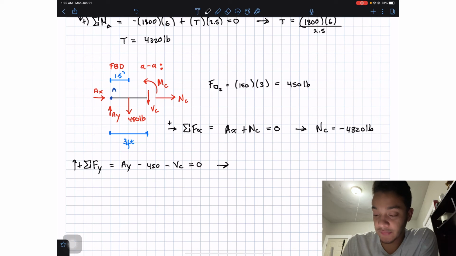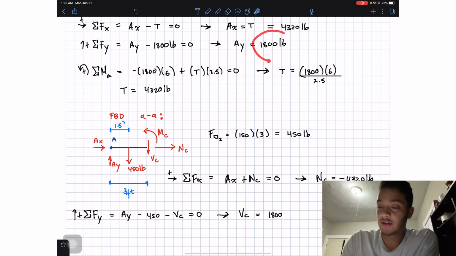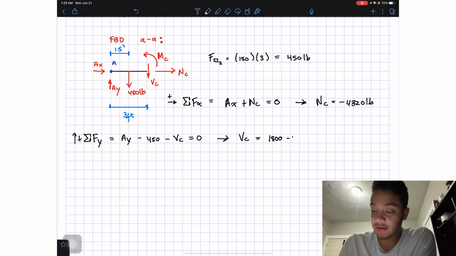Since we want to solve for VC, we'll have AY, which is 1800 that we found in here, then negative 450, and this will give us 1350 pounds.